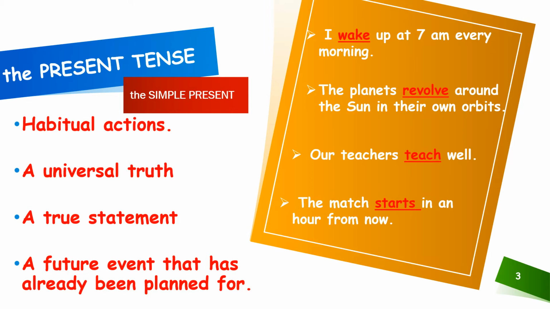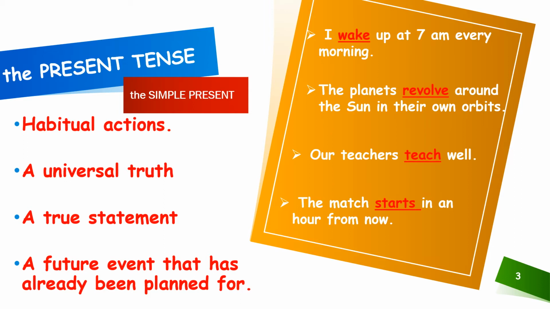Now, but look at the verbs and you look at the subjects. See, I wake up, planets revolve, teachers teach, match starts. So, what is happening here? You're talking about the first person, second person, third person, and we are talking about the first person. First person singular will not take the S. Remember, we have done that. And the planets, they are the third person. So, the planets is a plural.